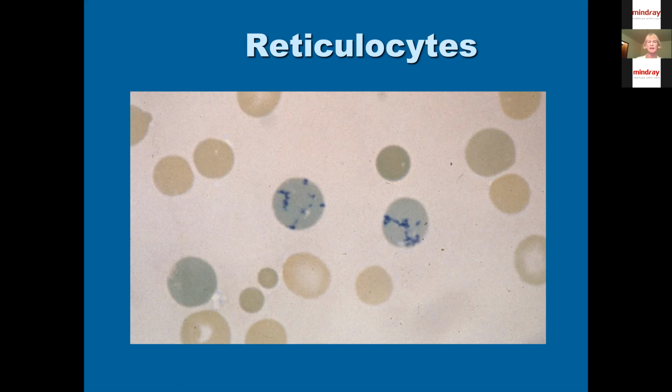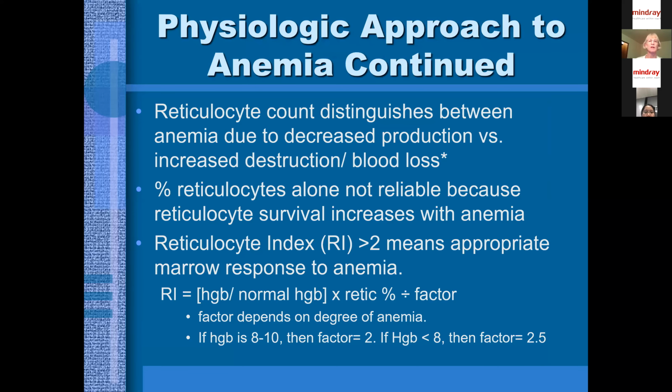Now, most high-end hematology analyzers today do automated reticulocyte counts using fluorescent stains, also staining for the RNA content of the cells, and a flow cytometry type method. So again, continuing the physiologic approach to anemia.